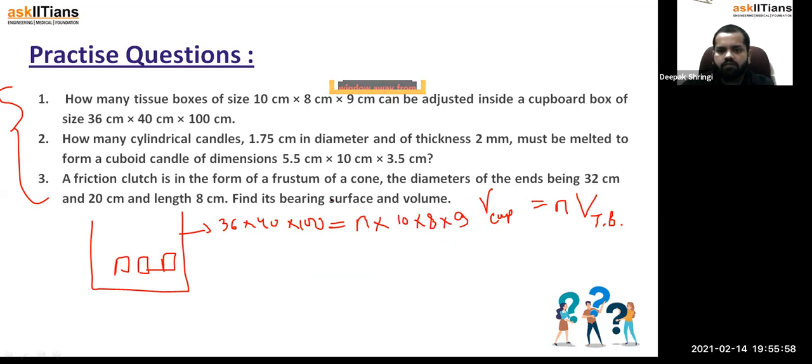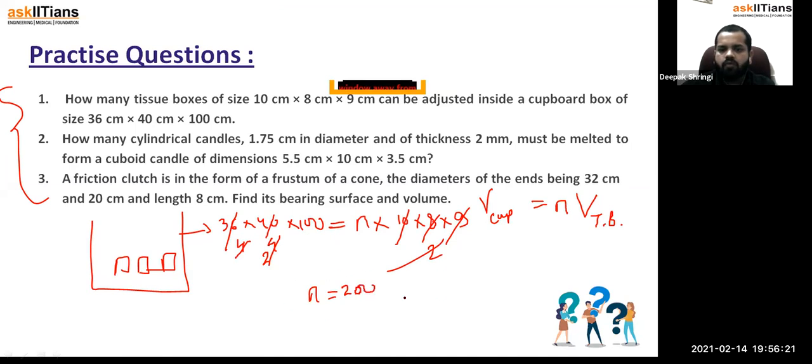Just try solving: 9 into 4 is 36, 4 times. Then 10 into 40 will also be 4 times. Then 8 is there. Then 4 will cut 8 into 2 times. And 2 will cut 4 into 2 times. So n will be equal to 2 into 100.